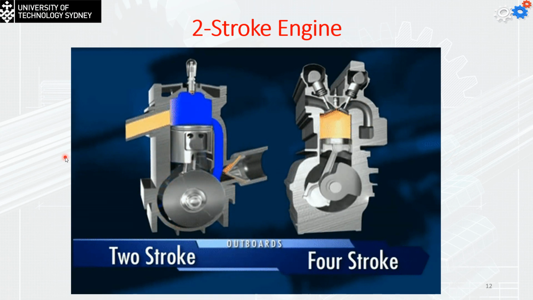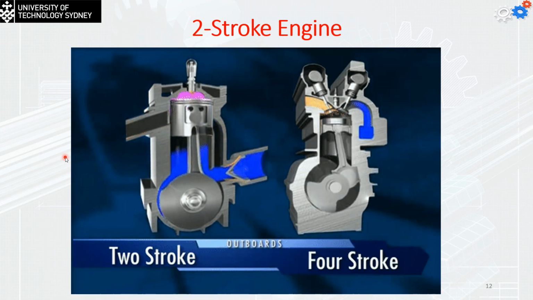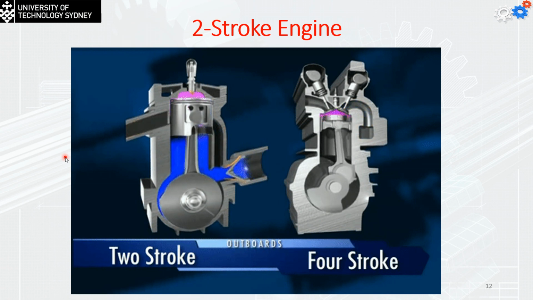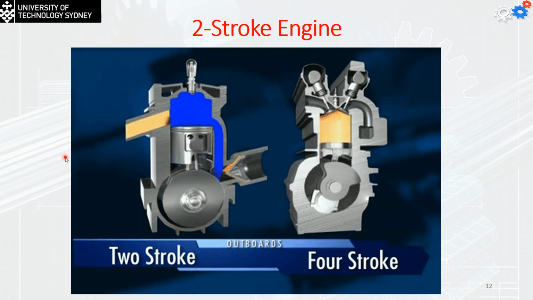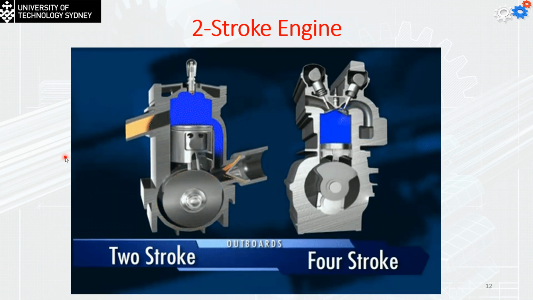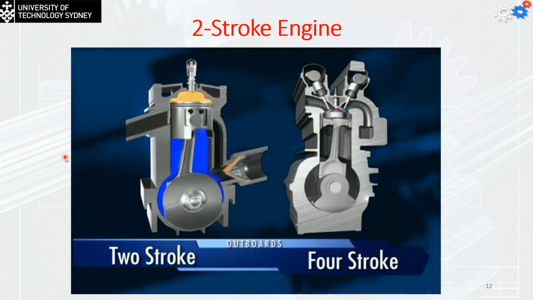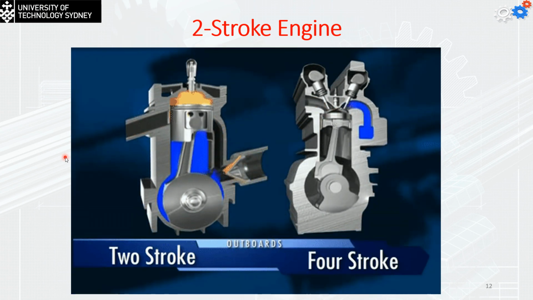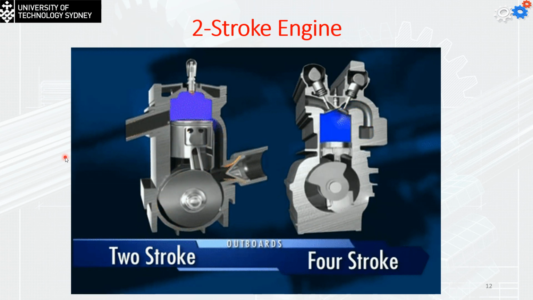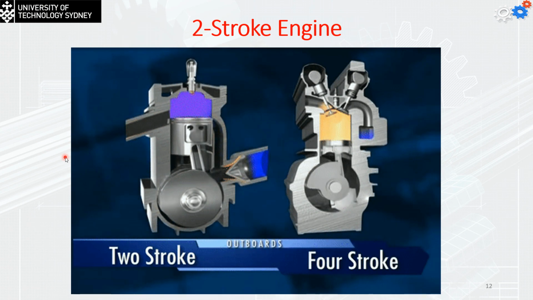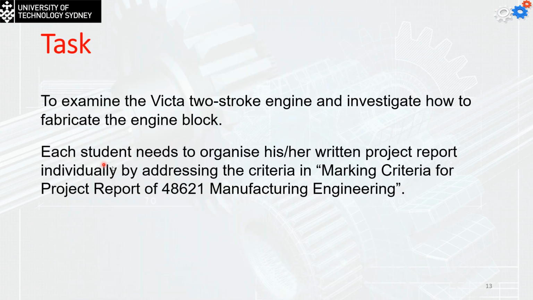Now, if I ask you about the difference between this engine and the diesel engine, I would like you to write down some comments in your report. Many people will understand the difference very easily and can distinguish between the diesel engine and the petrol engine.